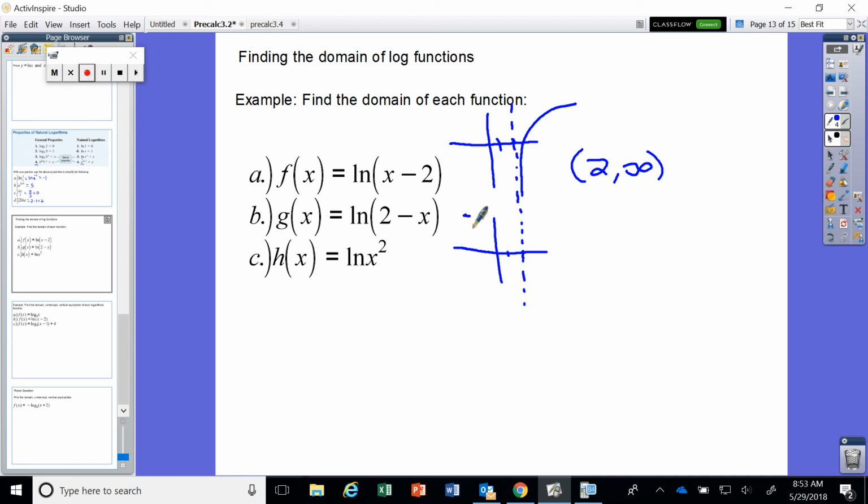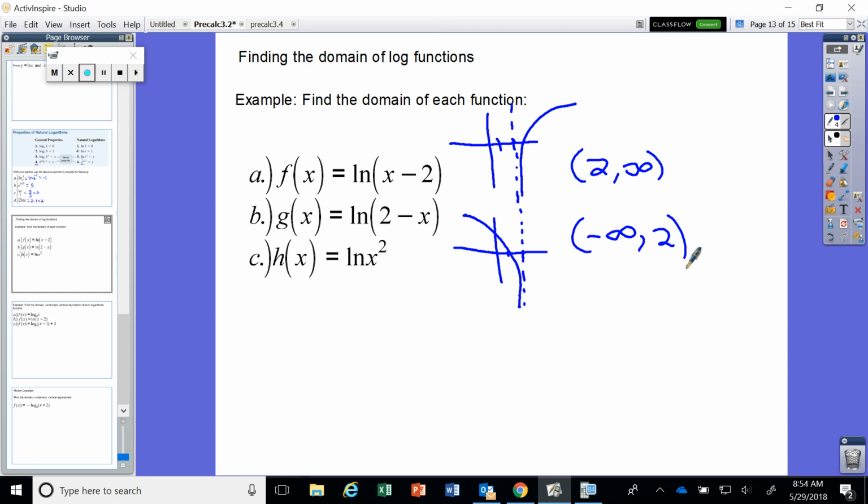And so now we have that reflection going on over the asymptote. So how does the domain change now? Well, now we can't go anywhere more positive than x equals 2. And so in an example like this, we have our domain going from negative infinity to positive 2.